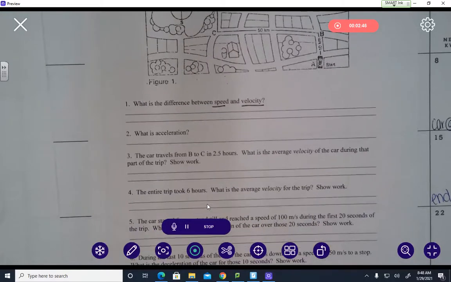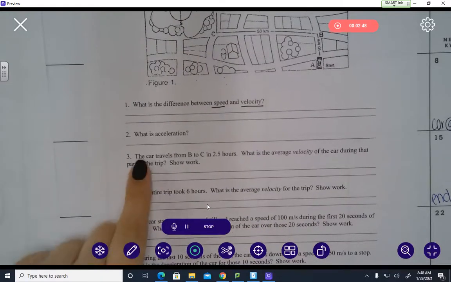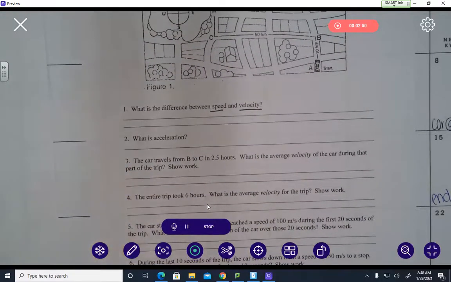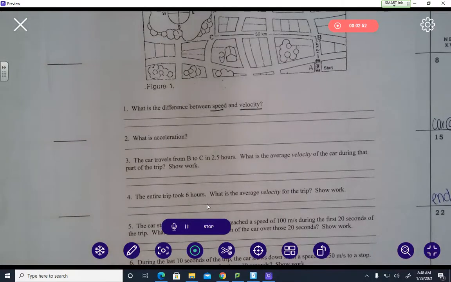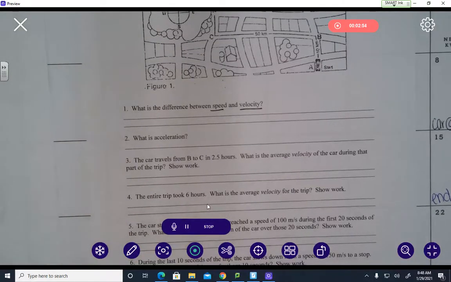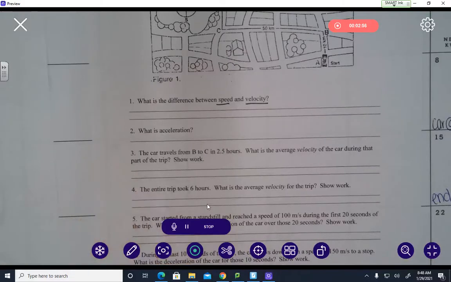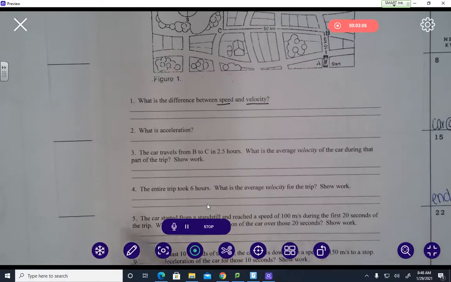Number two, what is acceleration? So acceleration is a little different. I'm going to tell you what acceleration is. We talk about acceleration being how you move faster.